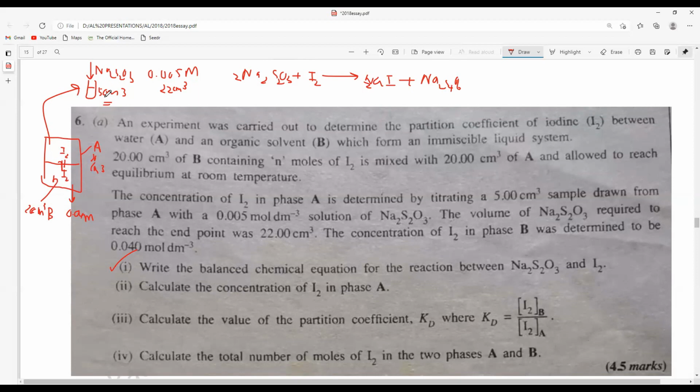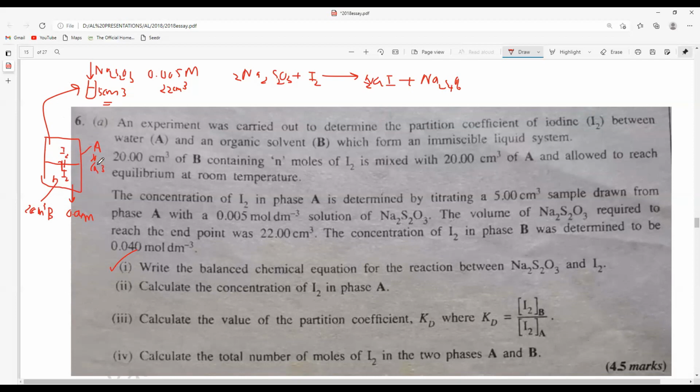That will be in 5 cubic centimeter. Then you can multiply that amount by 4 to find the total I2 in 20 cubic centimeter, and divide it by 20 to get the concentration.